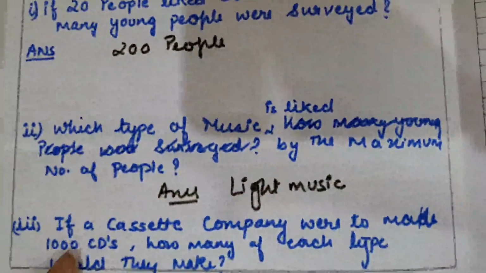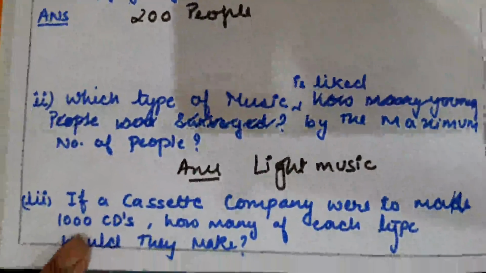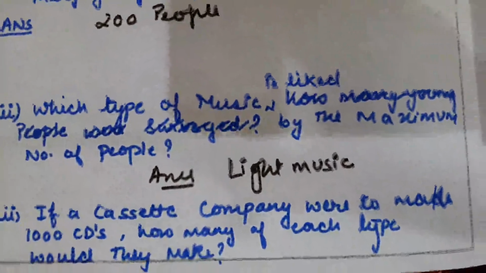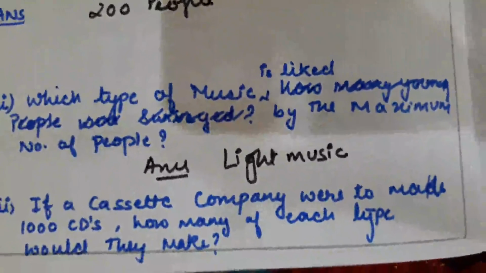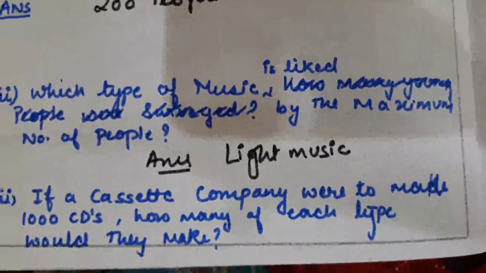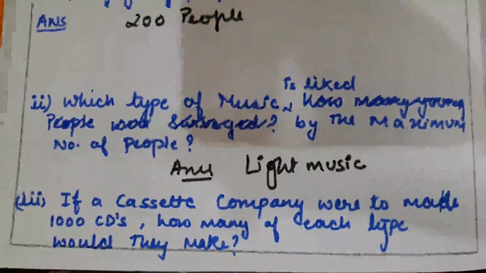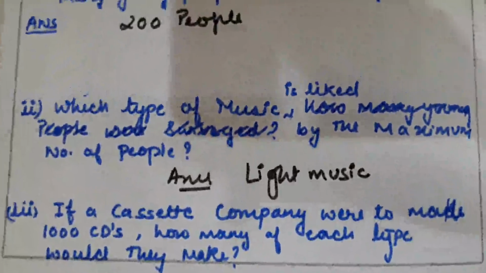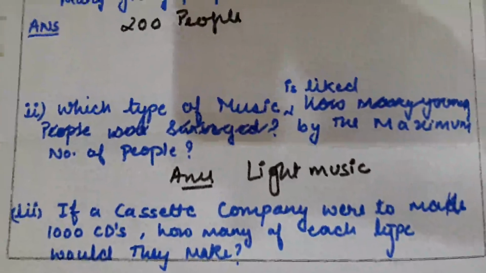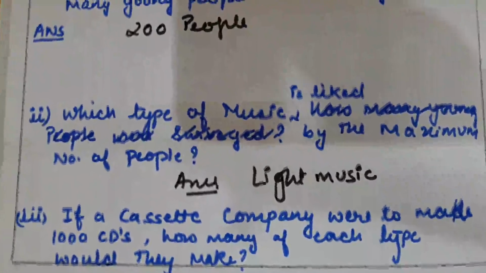The last part is: if a cassette company were to make 1000 CDs, how many of each type would they make? The company wants to make 1000 CDs. We have 4 types of music: semi-classical, light, classical, folk. Out of these 1000 CDs, how many of each type are we going to make?